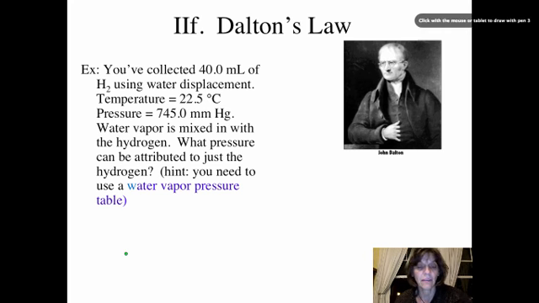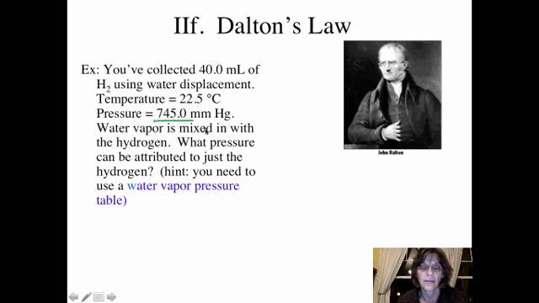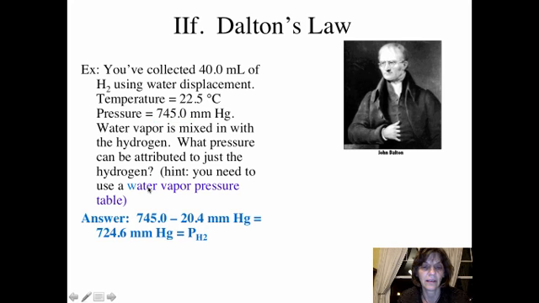Well, we have the total pressure, 745 millimeters of mercury. Now we know what the temperature is, and we have to look up on a water vapor pressure table, which we have in the back of our book, and we'll have in any lab that we need.